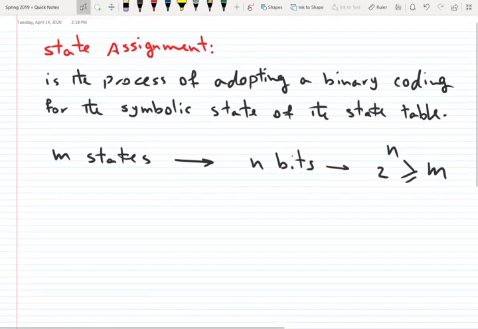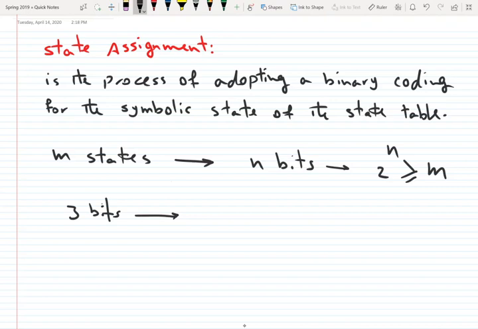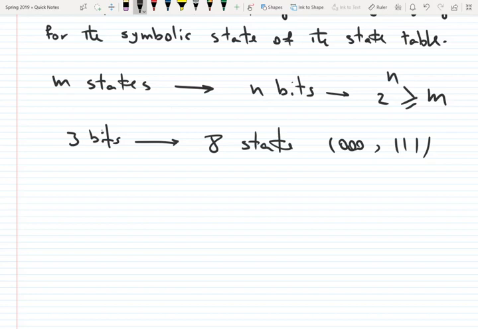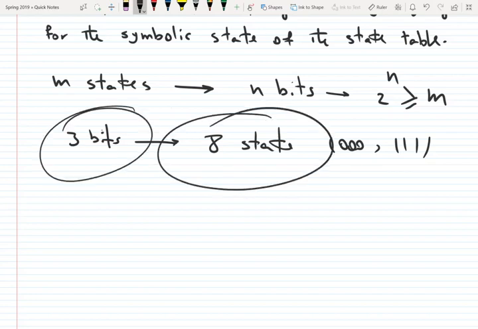For example, with 3 bits, we can assign codes to 8 states because 2 to the power of 3 is 8. So we start from 000 up to 111. Using 3 bits, we can assign 8 states.